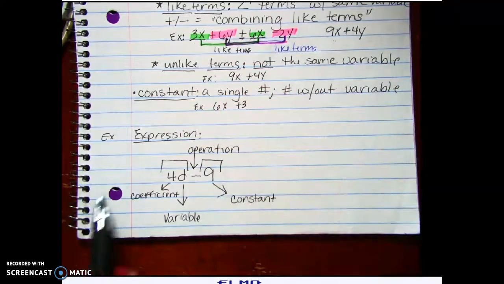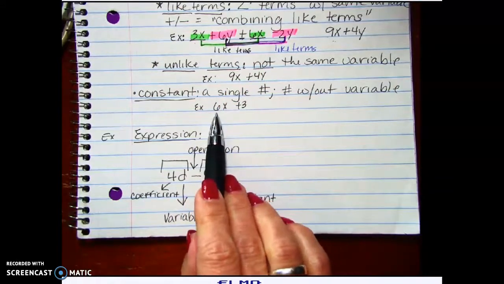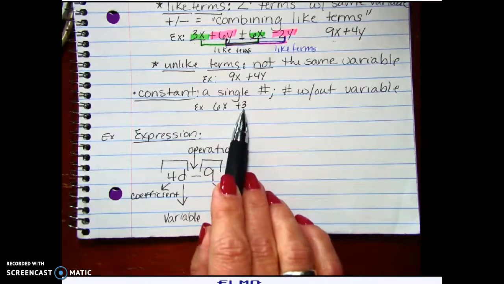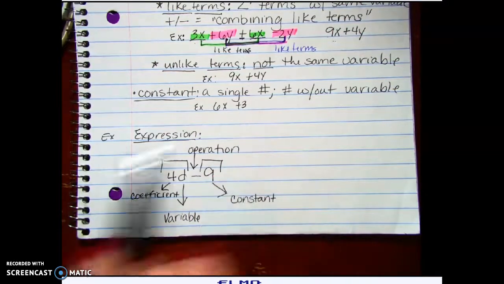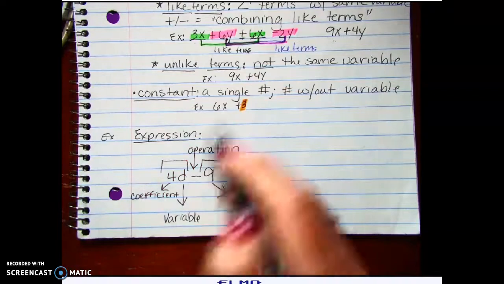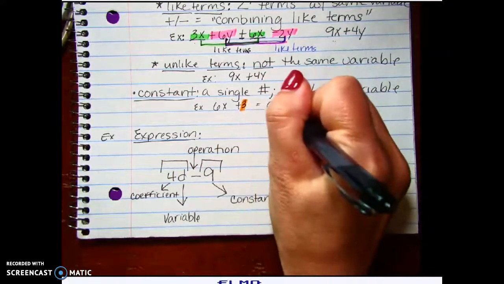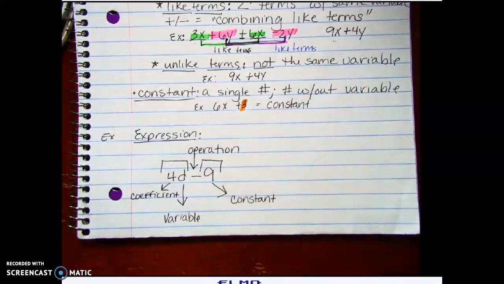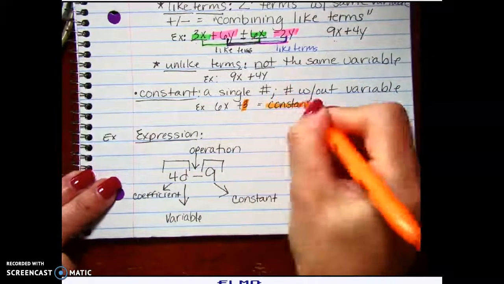All right, so this is a coefficient and a variable. It's a term. This is a term as well, but the specific name of this right here is called a constant. It's all by itself.